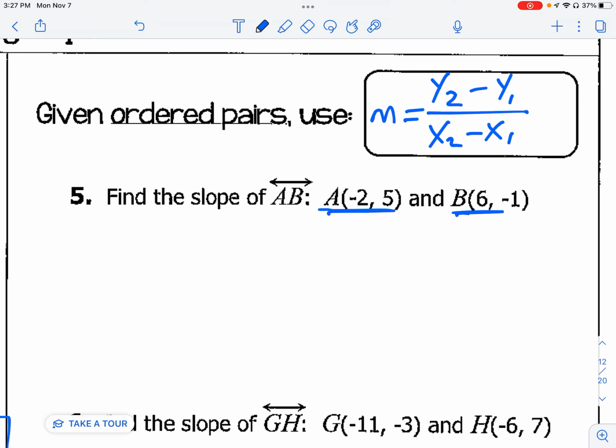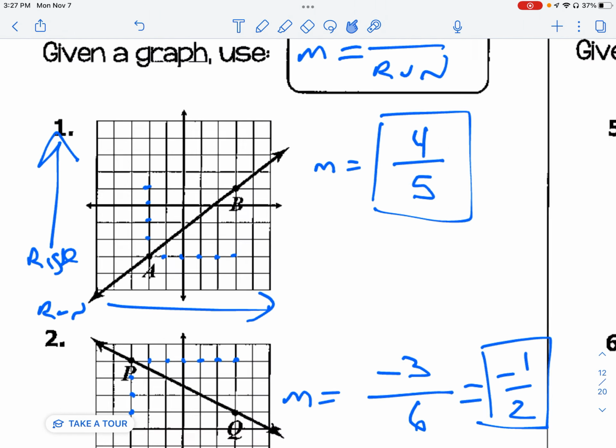So the change in y is the rise, and the change in x is the run, just like we did here.